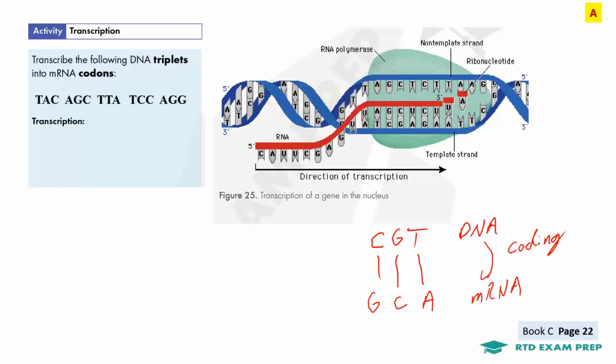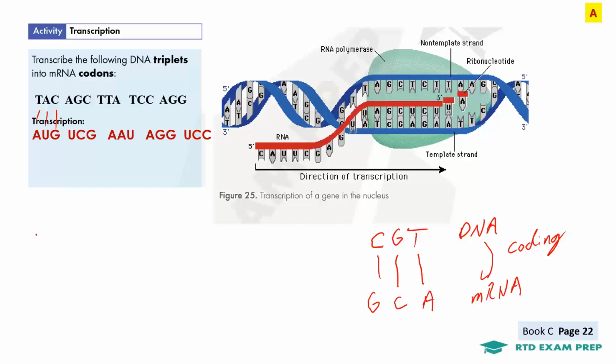When we convert TAC, we should see AUG. If you got this right, it would have been UGC, AAU, AGG, and UCC. I want you to go to the title of your data sheet and notice how it says messenger RNA and its corresponding amino acids.